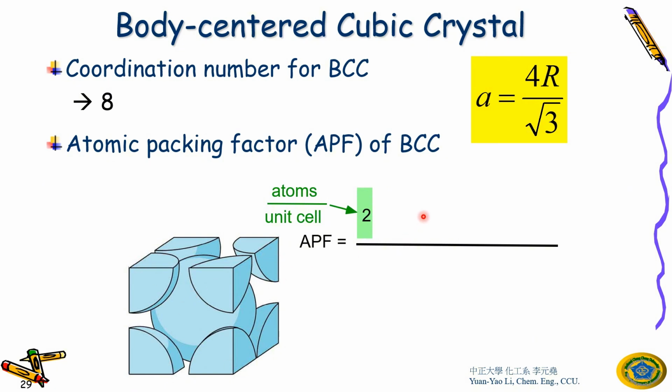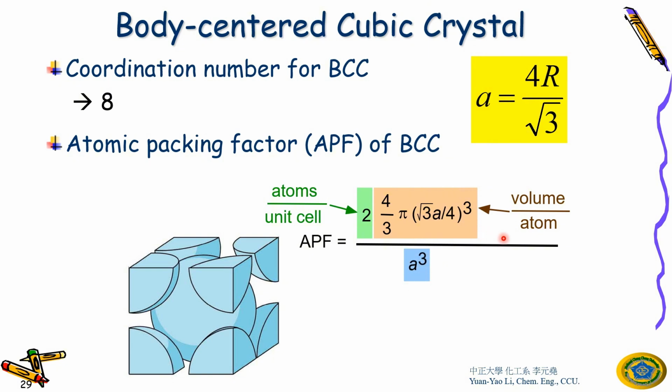And again, you know this is the volume of one single sphere, R cubed. It is replaced by this one. And again, this is A power 3. So as a result, if you do a simple calculation, that will be 0.68.